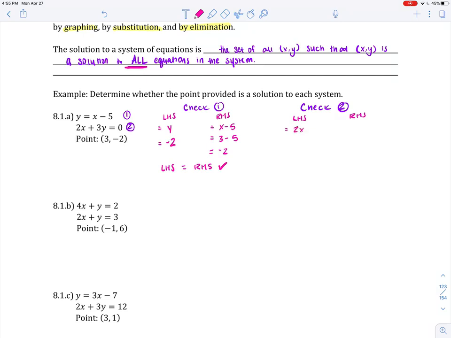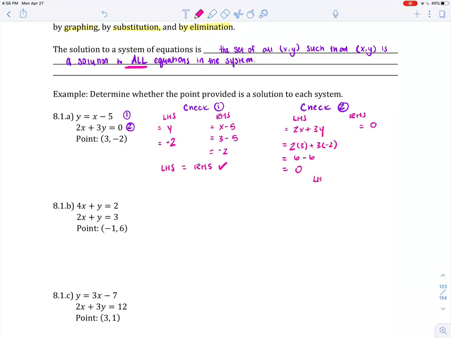We do the same thing. We split it into left-hand side and right-hand side. On my left-hand side, I have 2x plus 3y. When I see an x, I plug in 3. When I see a y, I plug in -2. I keep going until I end up with a single number. So I get 0 for my left-hand side.